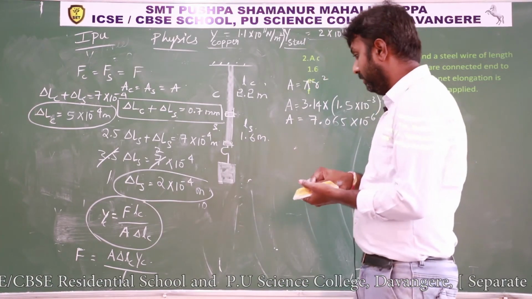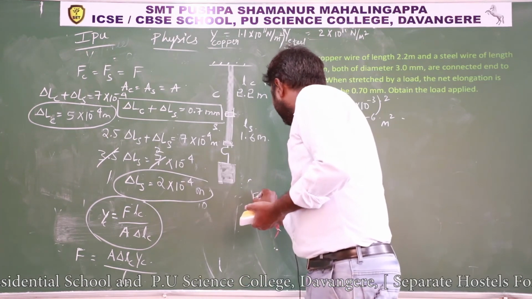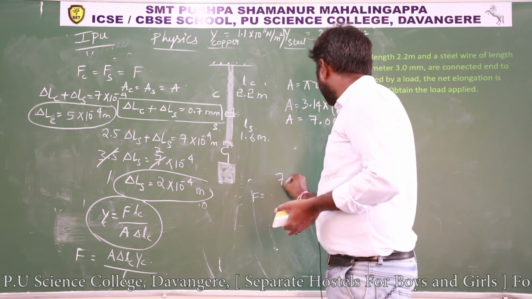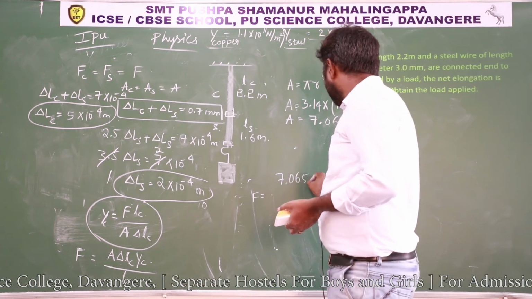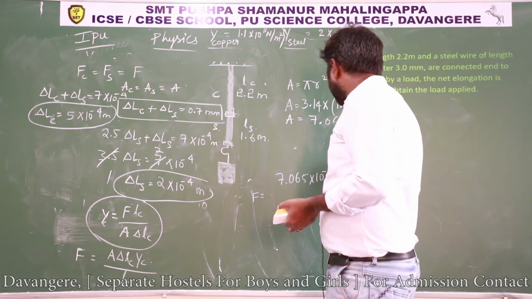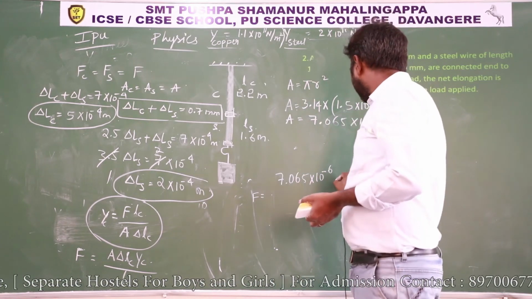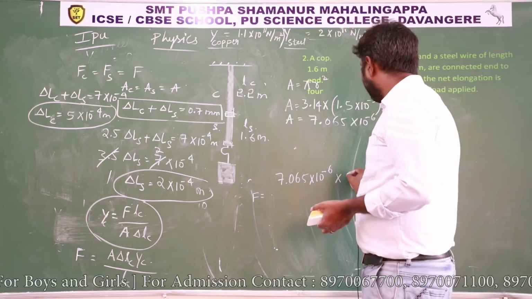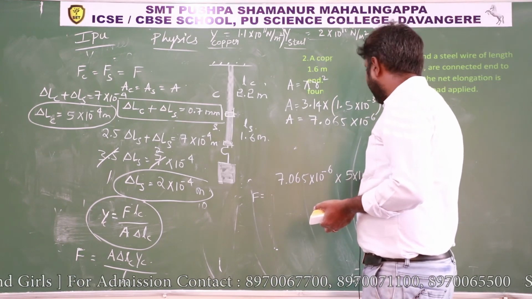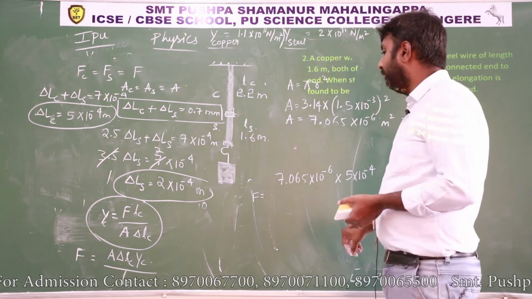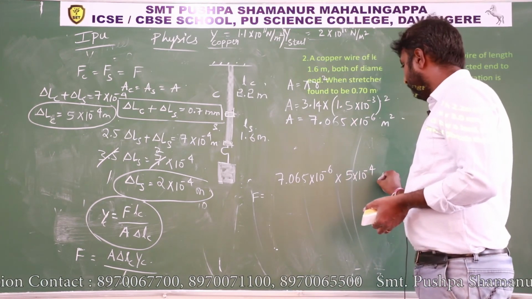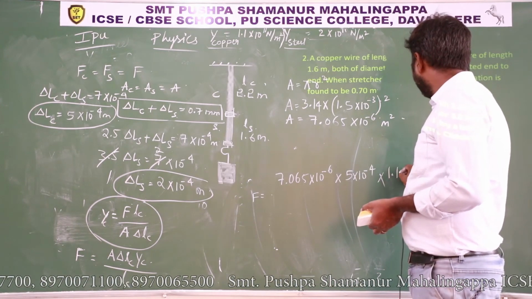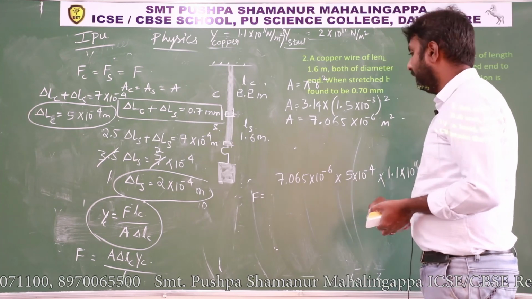F equals, the A value is 7.065 into 10 to the power minus 6, multiplied by the change in length of copper, which is 5 into 10 to the power minus 4, multiplied by Young's modulus of copper, which is 1.1 into 10 to the power 11.